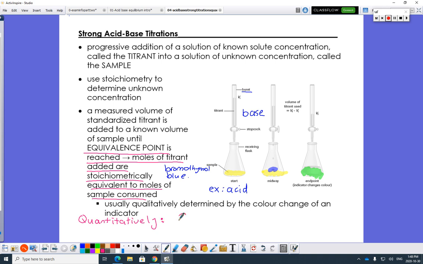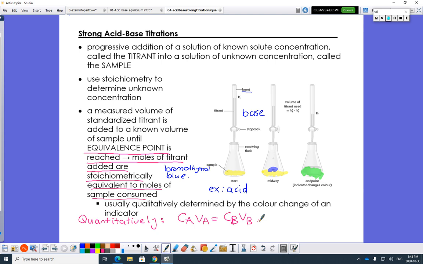What do you think A stands for? Good. And B stands for base? So when are the moles of acid equal to the moles of base? So we did CAVA equals CBVB last year. But that was it. That was as far as we took our quantitative analysis of this.